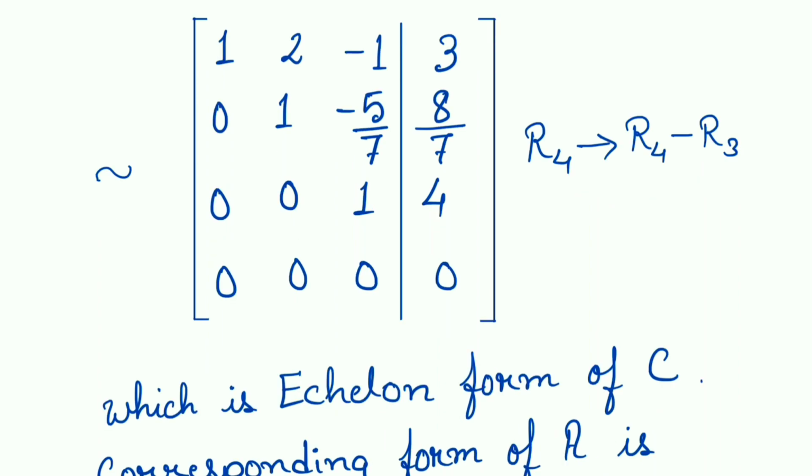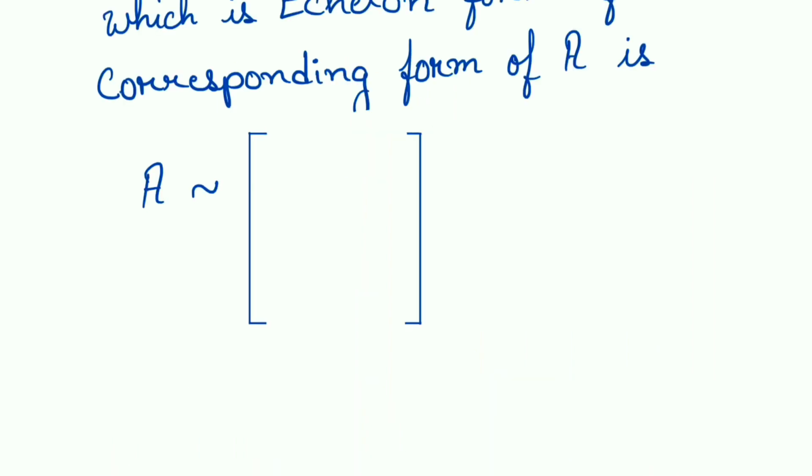Now the corresponding form of A is 1, 2, minus 1, 0, 1, minus 5 by 7, 0, 0, 1. We will consider only the matrix A excluding the last row. So the corresponding form is this and its rank is 3.